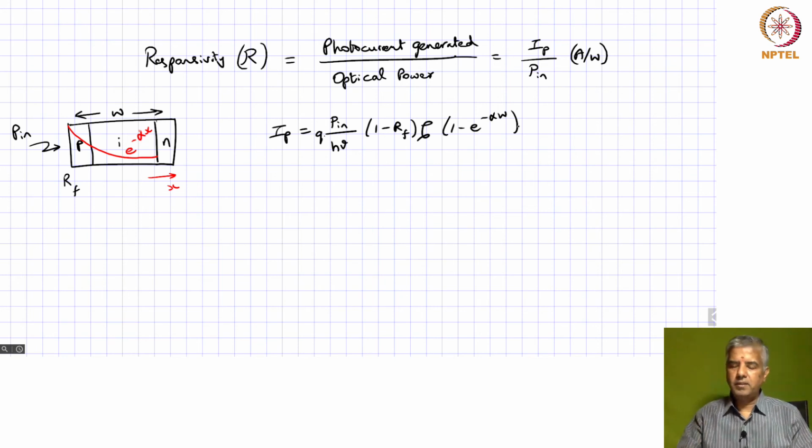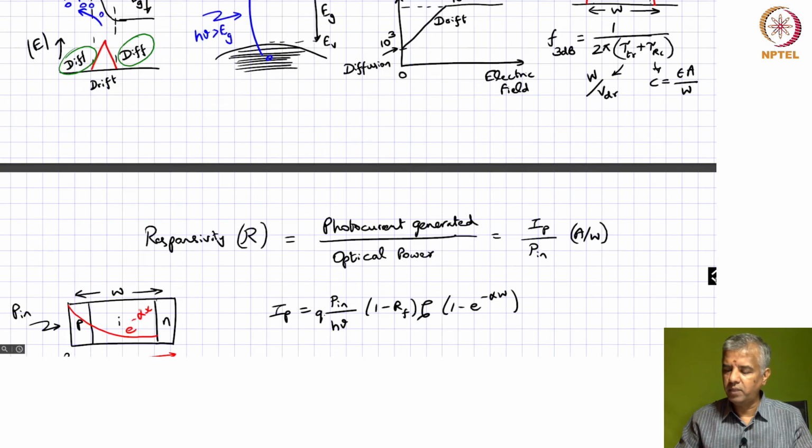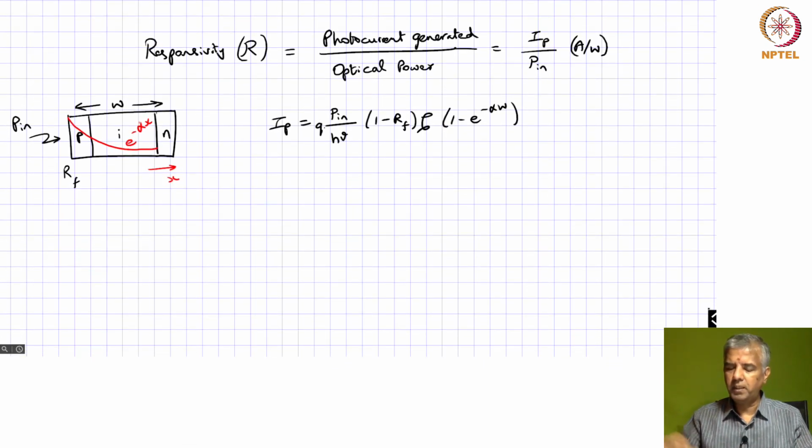So this is an interesting point. We previously said W has to be as small as possible so that the transit time is small, and correspondingly you can increase your bandwidth. But what is the corollary to that?